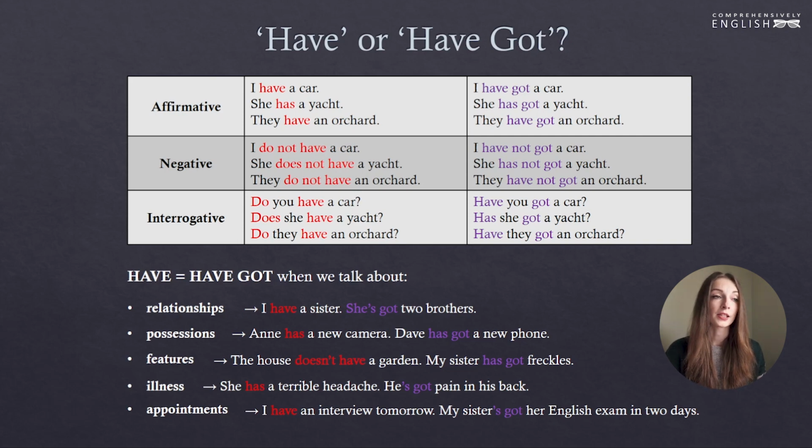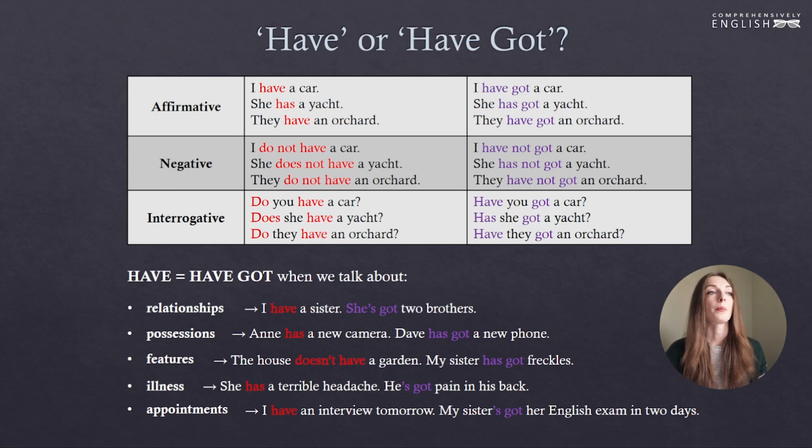The house doesn't have a garden. My sister has got freckles. When you speak about illnesses, they are also interchangeable. She has a terrible headache. He's got pain in his back. And when you speak about appointments, you can also use both of them. I have an interview tomorrow, or my sister's got her English exam in 2 days.